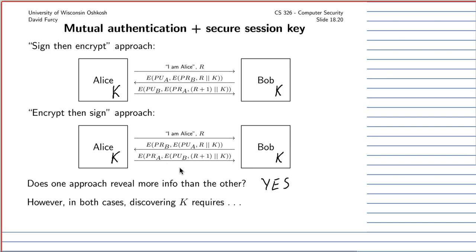However, notice that even with access to this information, the attacker would have to be able to either figure out the private key of Alice or Bob, or they would have to break the crypto. So in both cases, it appears that to figure out what K was, the attacker would need to be able to break the public key encryption algorithm.